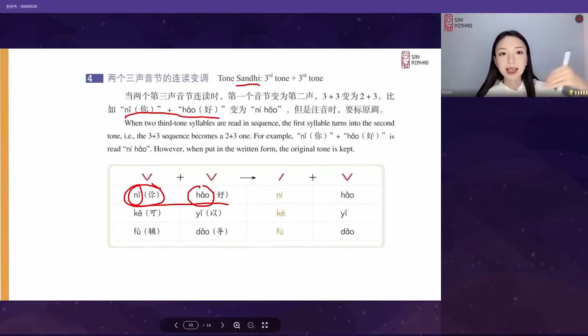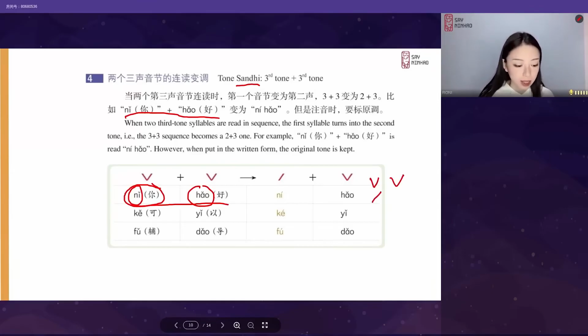Read after me, please. 你好. In this occasion, we shouldn't read them as third tone, but we still will write it as 你好. But we will read it with the second tone. Okay? Now let's see the second example.